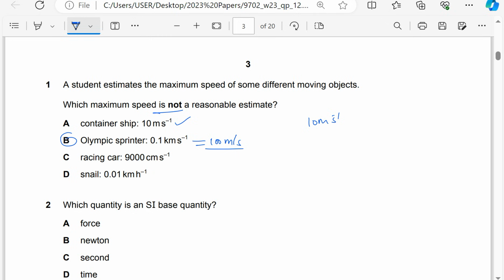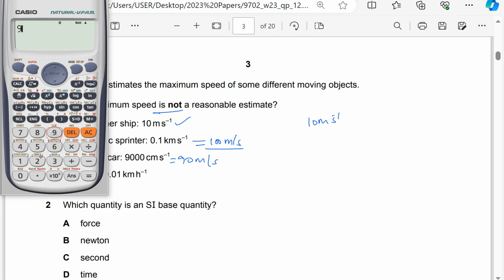You can check C, the speed of a racing car, 9,000 centimeters per second. If I change it to meters per second, this will be dividing by 100, that will be 90 meters per second. And if I change 90 meters per second to kilometers per hour, I'm changing to kilometers per hour. That would be 90 divided by 1,000 to change it to kilometers.